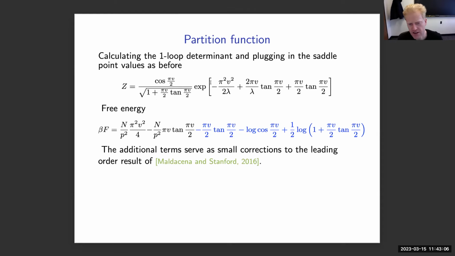This is a straightforward calculation, and we can phrase it also in terms of the free energy. These two terms are what we had before, the large P limit, and now we have these three additional terms, which can be thought of as small corrections to the large P result. So this is the next order correction to the partition function.